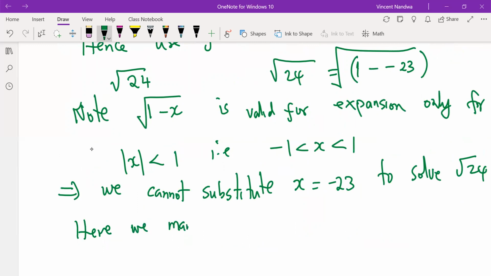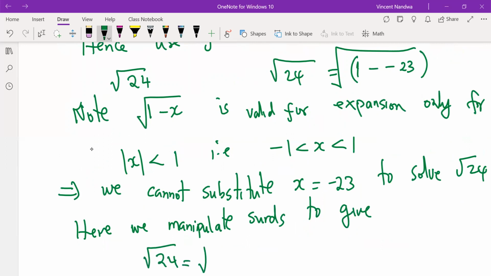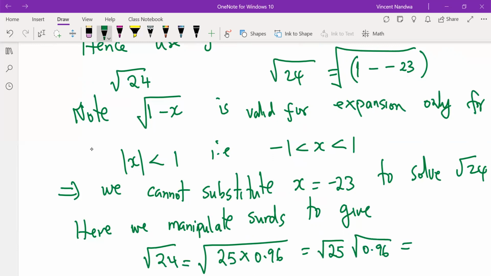So here we manipulate surds to give root 24 is the same as square root of 25 times 0.96, which is the same as root 25 times square root of 0.96.